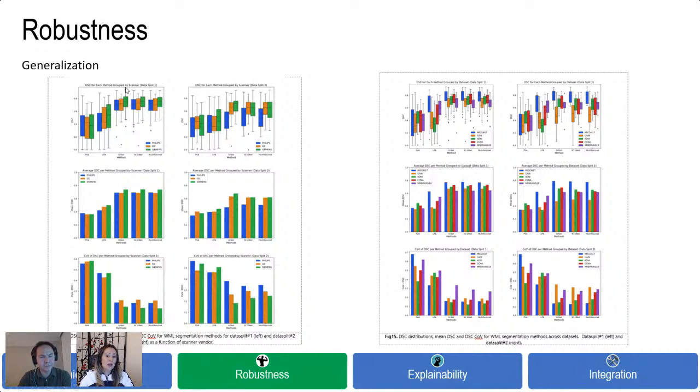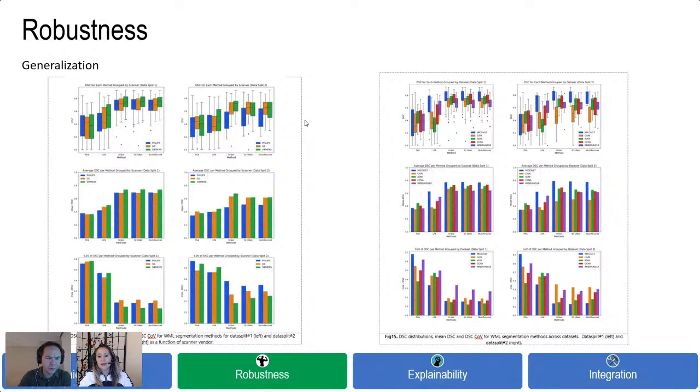So while the accuracy might be higher, this variability across scanners can create measurement variability. When you're doing things like longitudinal monitoring, this bit of measurement variability between Siemens and Philips can inflate your signals.